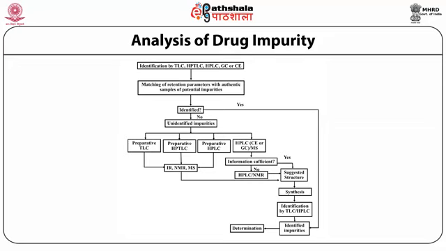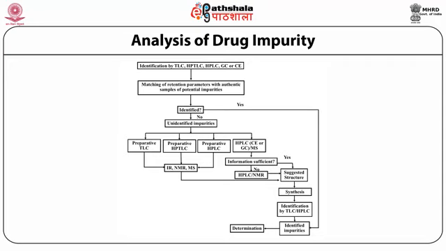If the impurity is not identified, or unidentified, then we can go for preparative TLC, thin layer chromatography, then preparative HPTLC, then preparative HPLC, then maybe GC-MS.